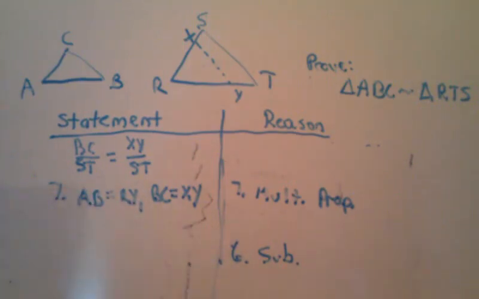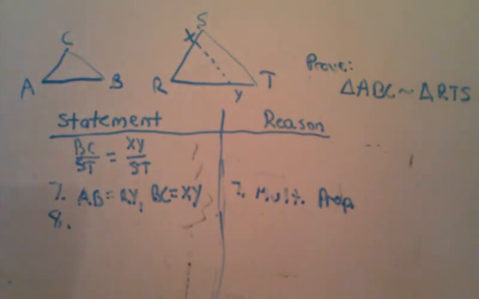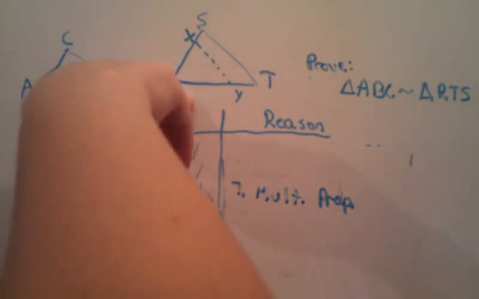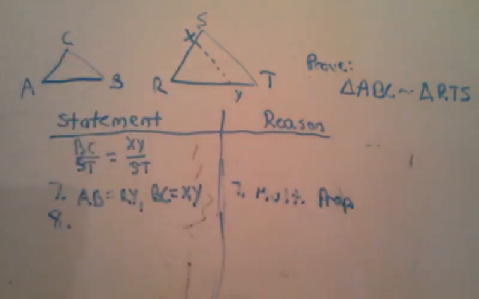So look what we have. I guess I should have said it before I erased it. But we said that we have these two sides are equal. We have that BC and XY are equal.